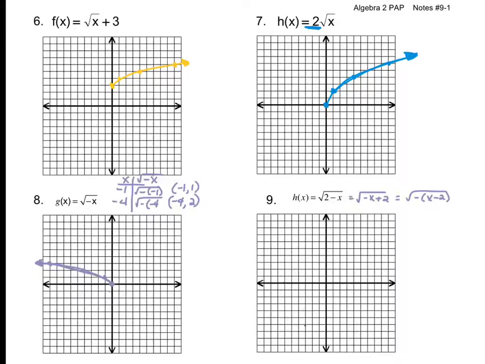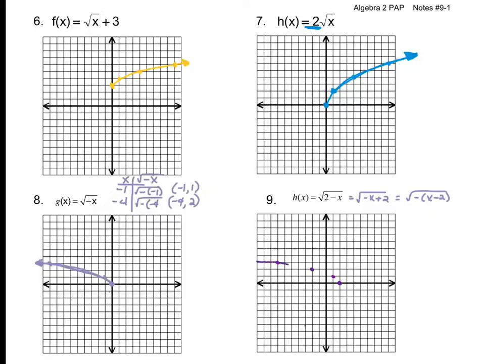Okay, so x minus 2 typically shifts everything right. And that's what happens here. So we shift right 2, but it's a reflection over the y, so instead of pointing to the right, it's going to point to the left. So we'll go left 1 and up 1, left 4 and up 2, and left 9 and up 3.